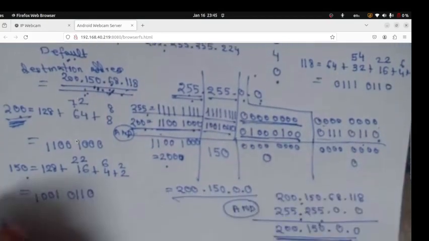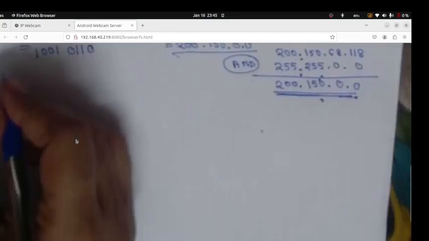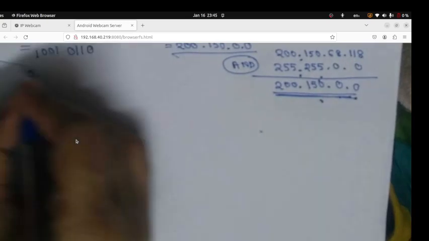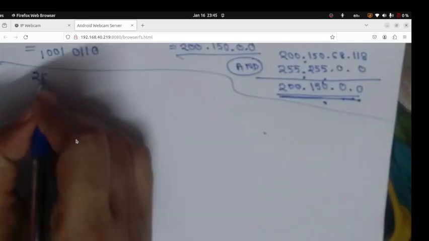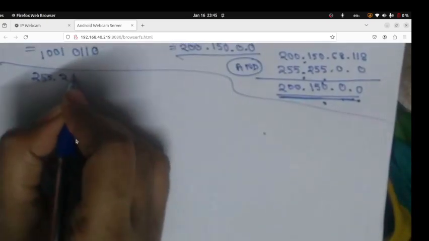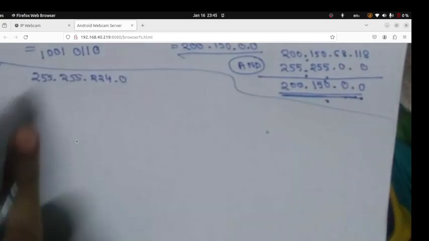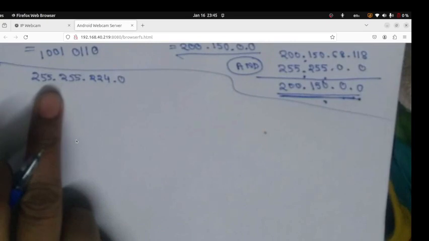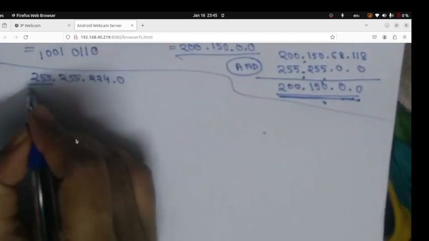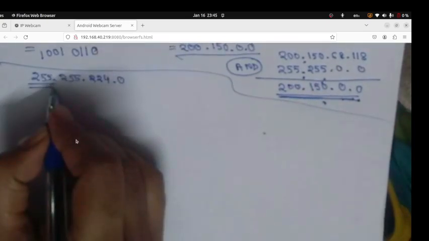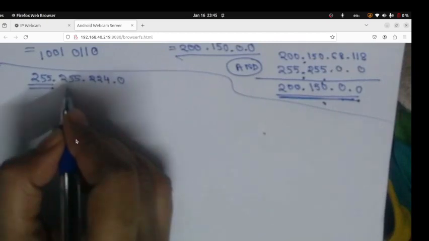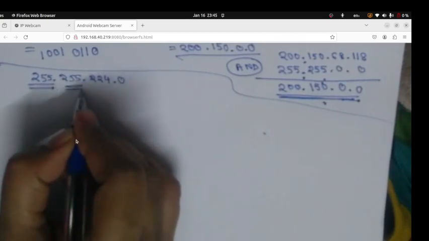So what is this mask? This mask is 255.255.224.0. If we convert it into 32 bits, for 255 I get eight 1s, and for the second octet 255, eight 1s, and the value will not change if we do the AND operation with the destination address.